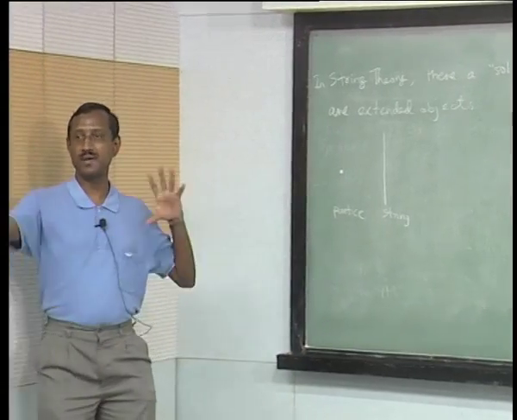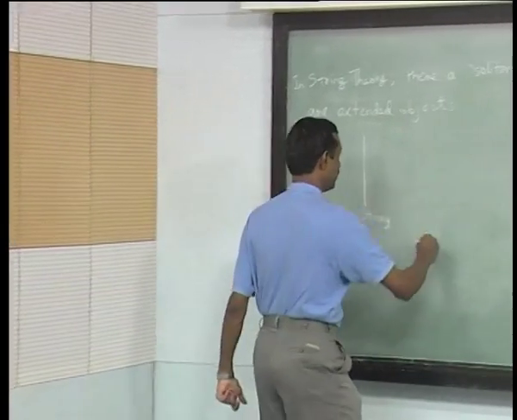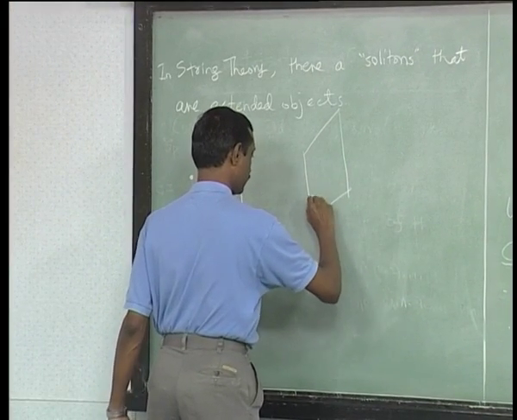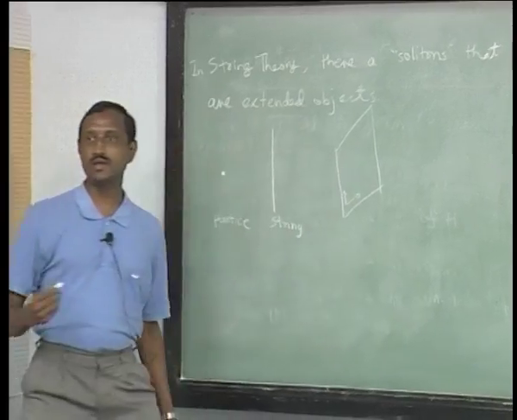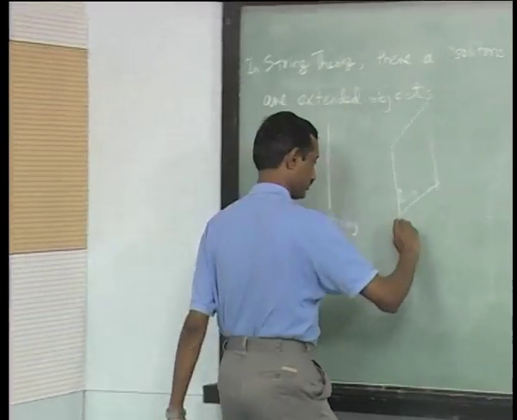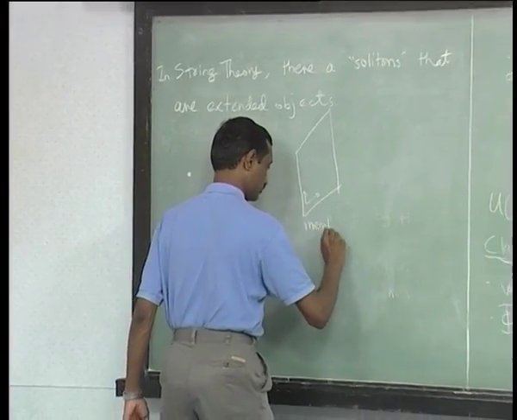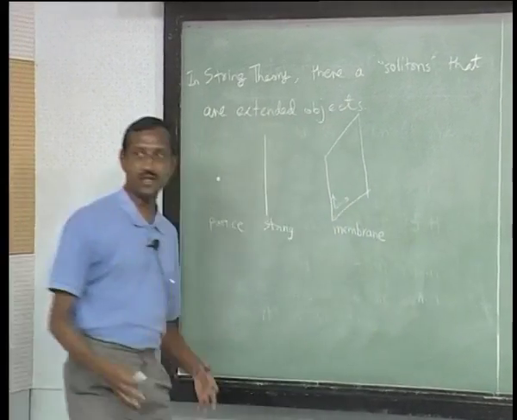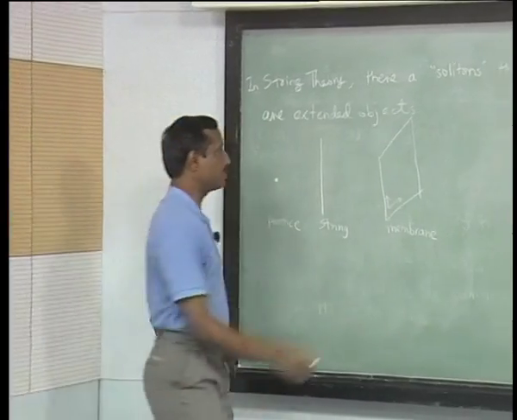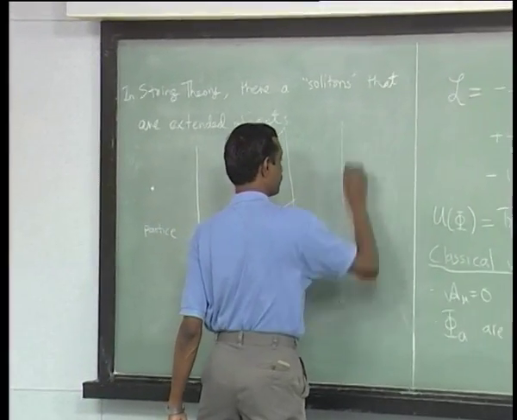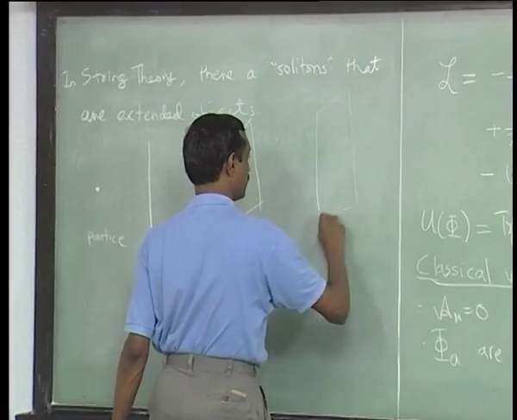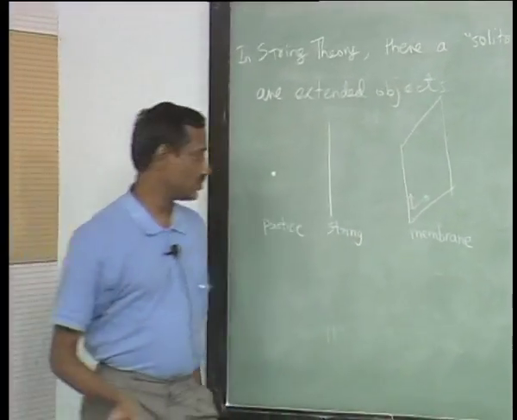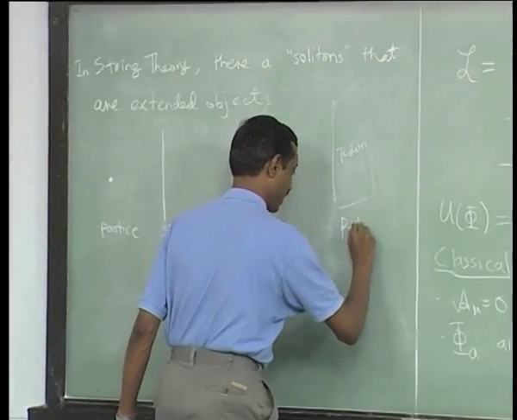okay. If you add time, it becomes like a sheet, and you could have something which has two such directions. We would call this a membrane, okay. And in general there can be an object which is p dimensional, so I can't draw that picture anymore, so you just call this a p brane.